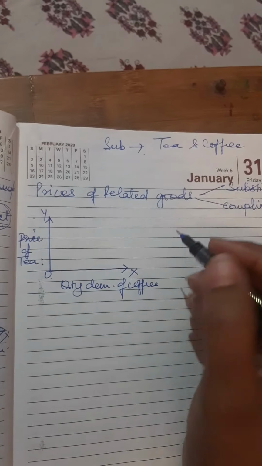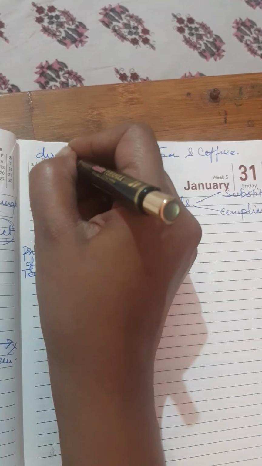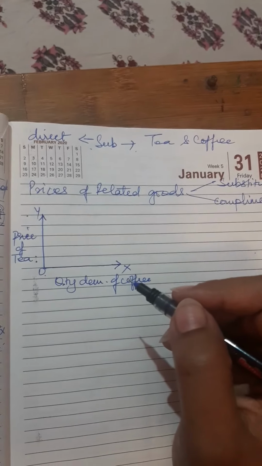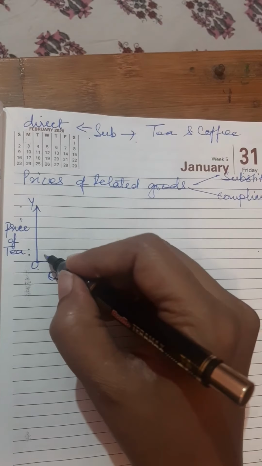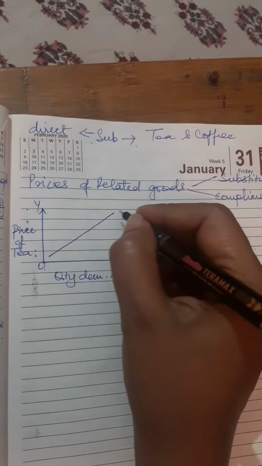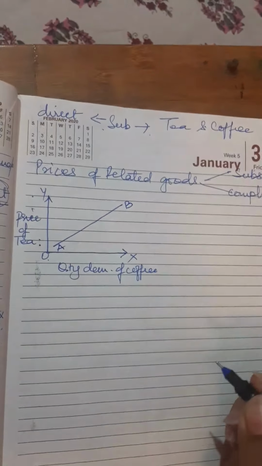Since you all know that in case of substitute goods, there is always a direct relationship, the curve is always going to be a positively sloping line moving in the upward direction. Let's name this curve as AB for substitute goods.